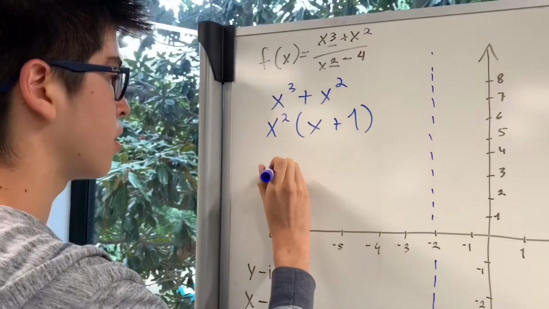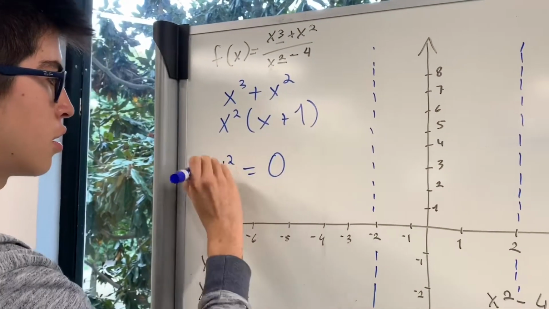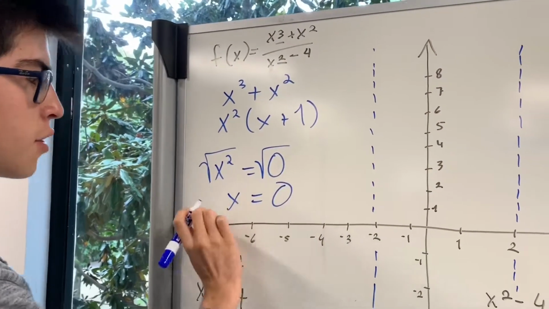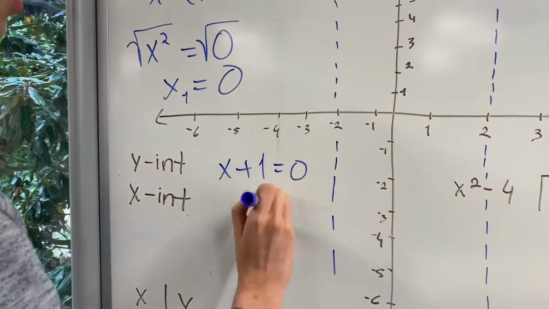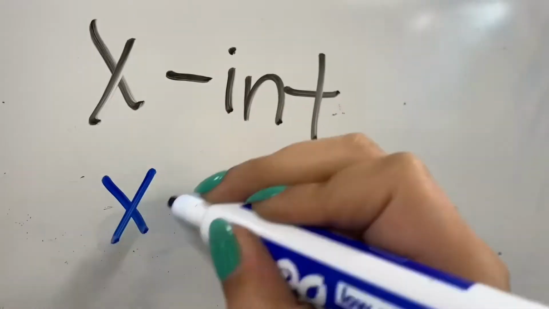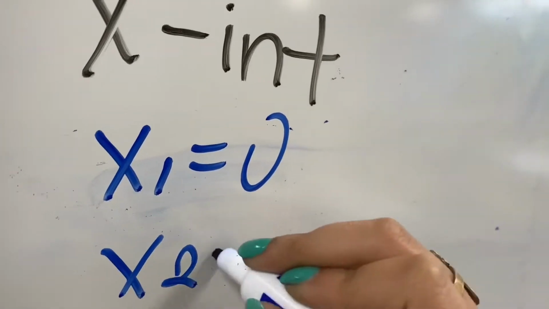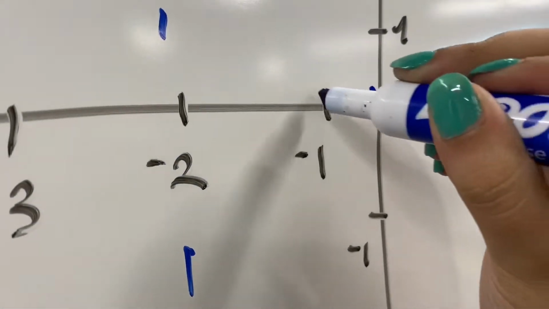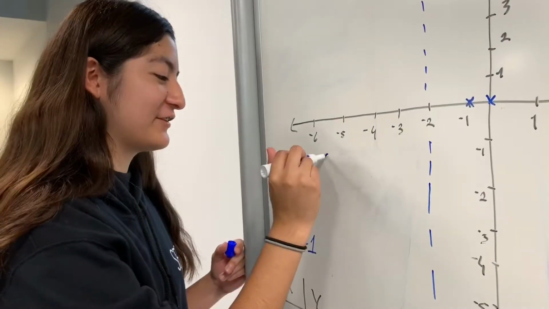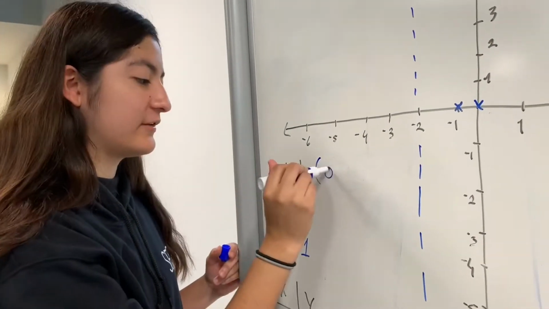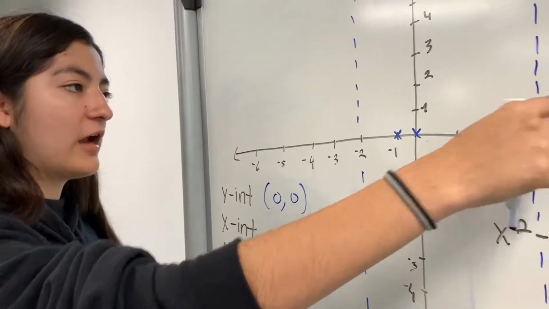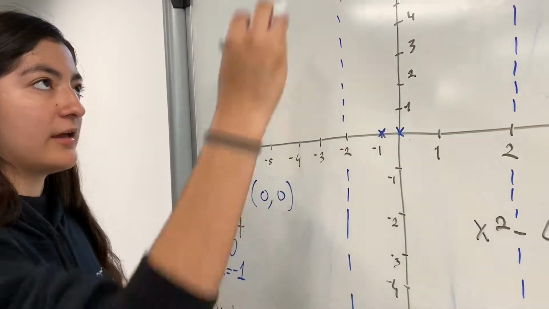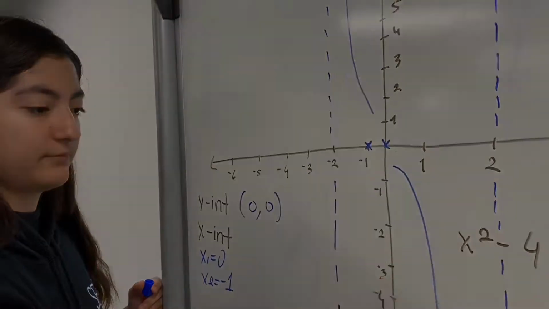The intercepts are going to be 0, 0, because the functions are going to be over here except the one that goes in the middle.